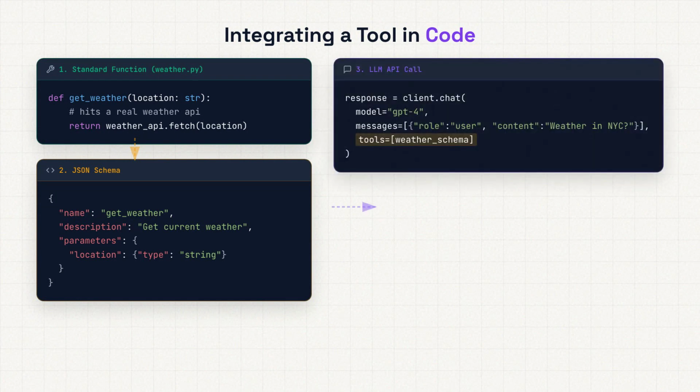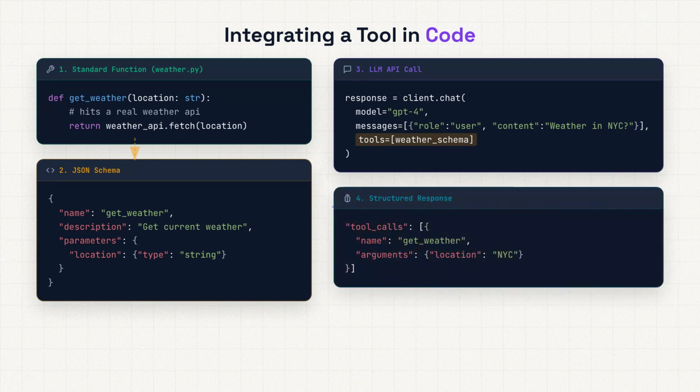When you make your API call to the LLM, you pass your user prompt as usual, but you also pass this schema in a dedicated tools array. The LLM processes the prompt, looks at the available tools, and instead of generating text, it returns a structured tool call requesting the weather for that specific location. Your code executes the actual Python function, gets the result, and passes it back to the LLM so it can compose the final answer.